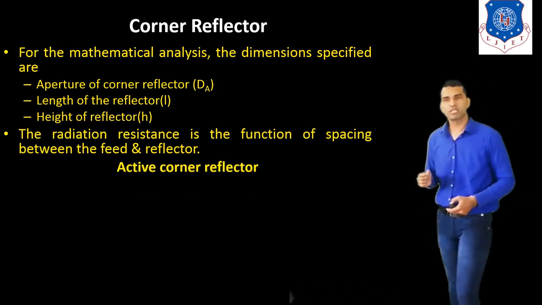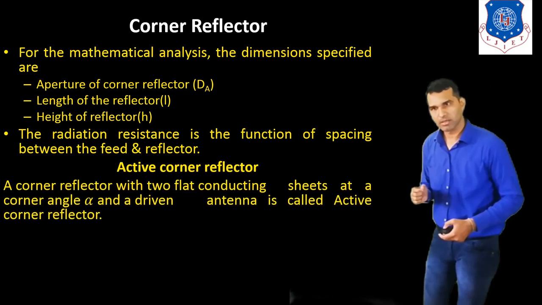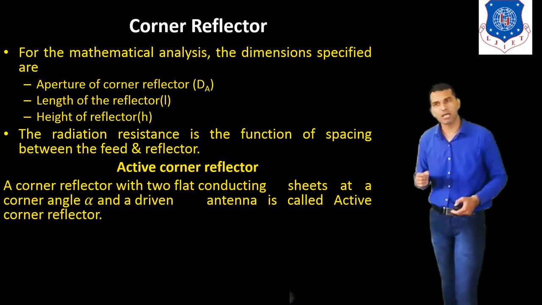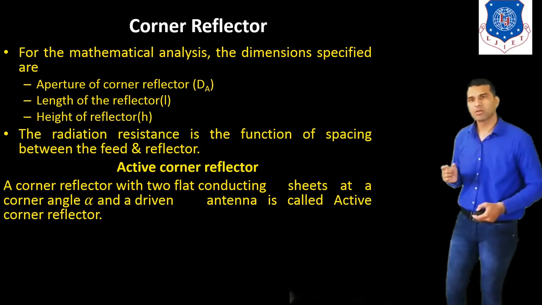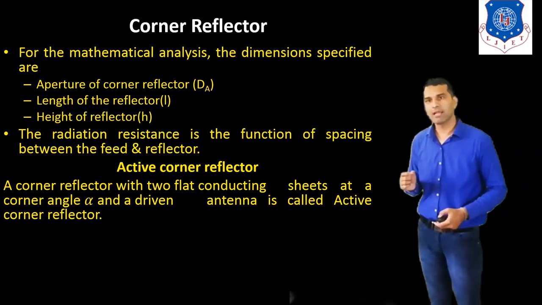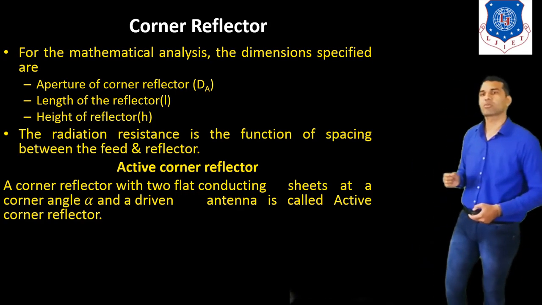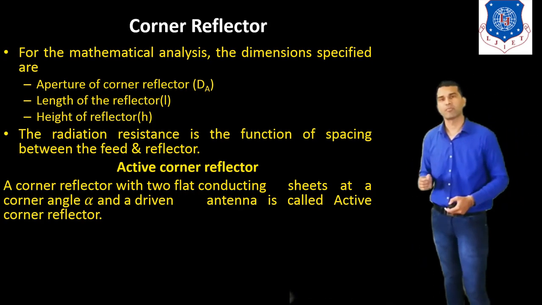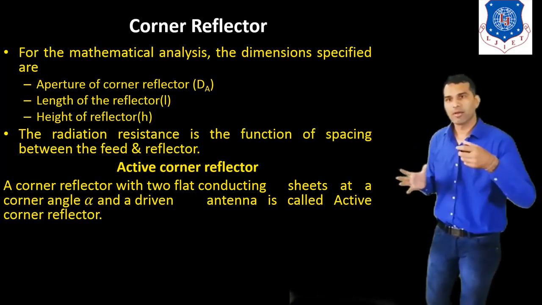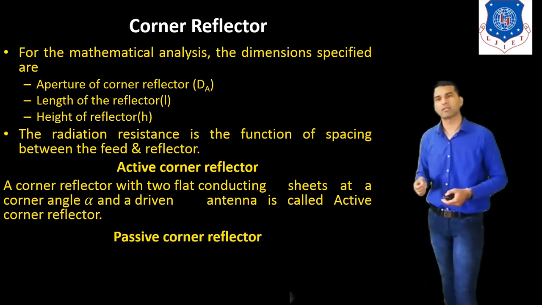Now we also discuss two types: active corner reflector and passive corner reflector. So what is an active corner reflector? A corner reflector with two flat conducting sheets at a corner angle alpha and a driven antenna is called an active corner reflector. That means if we use a driven element in the reflector, then it becomes an active corner reflector.